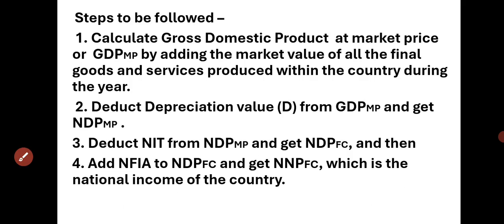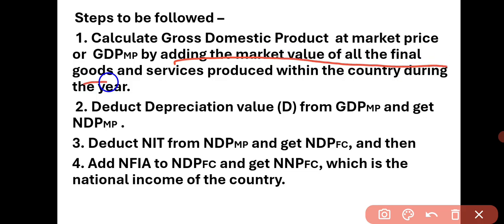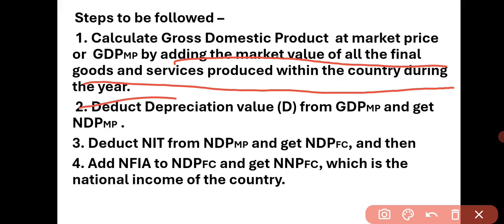Then you see how to calculate national income in the product method. First, calculate GDPMP. How? By adding the market value of all the final goods and services produced within the country during the year. Suppose n products, n number of goods and services, are produced in an economy within a particular year.